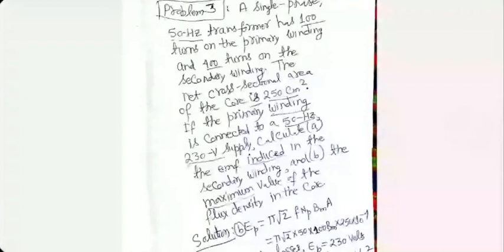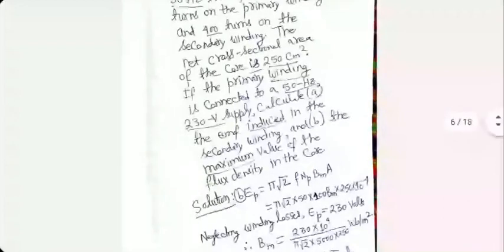We use the well-known formula for EP and ES. EP is pi multiplied by square root of 2 times f NP BM A, and you know that pi multiplied by square root 2 is almost 4.4429. We can use that number also, otherwise pi multiplied by square root 2 is also okay.